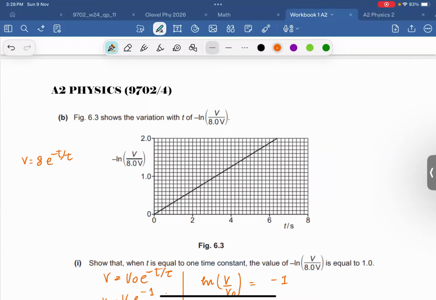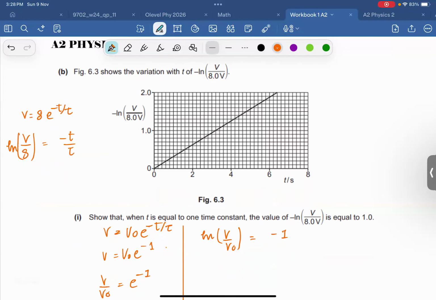So V over 8, and that ln is equals to minus t over tau. So this graph has the negative line.